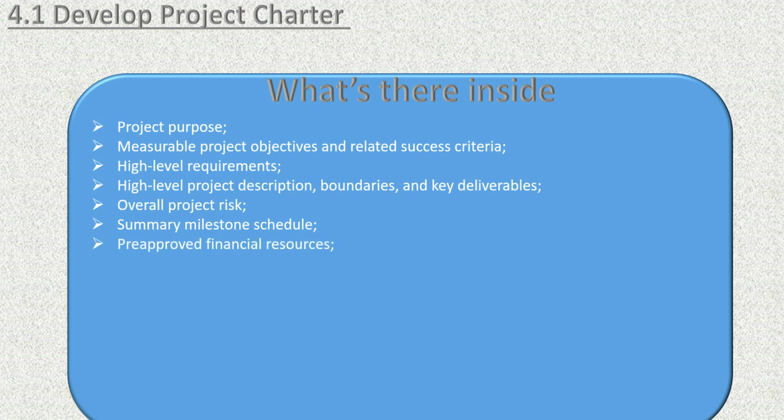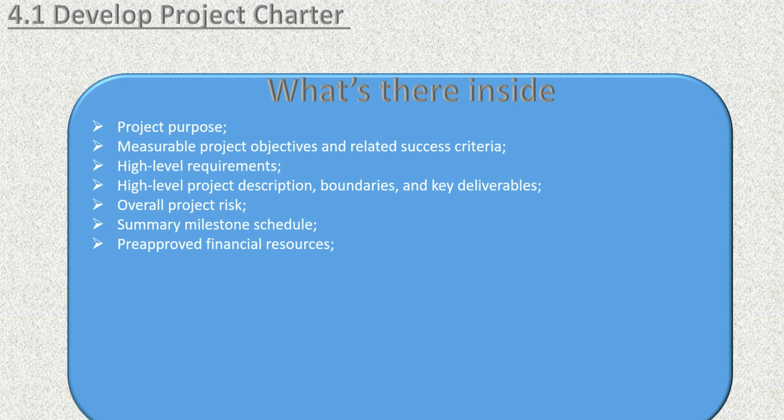Then there will be pre-approved financial resources. Yes, as we already mentioned, you have to have some guarantee from the top management that they are going to invest and help you financially to execute the project. So before starting the project itself, you should have some pre-approved financial resources, right?